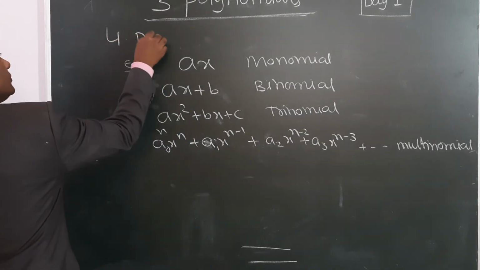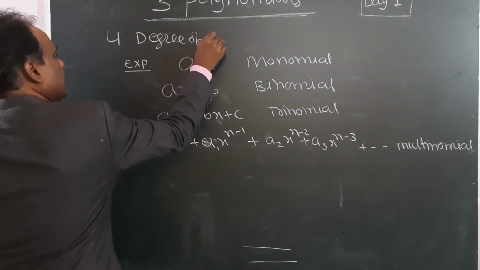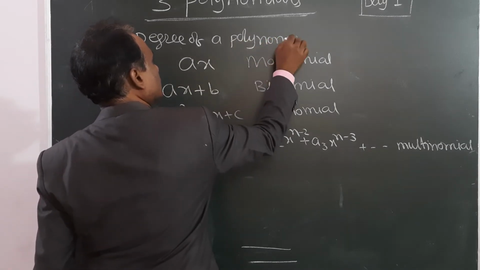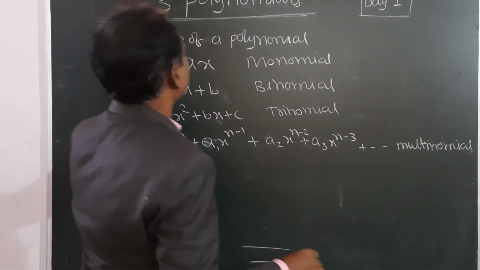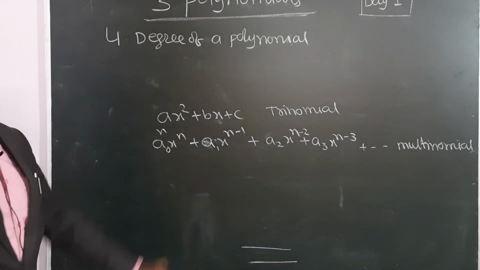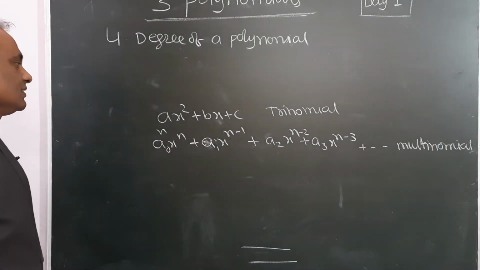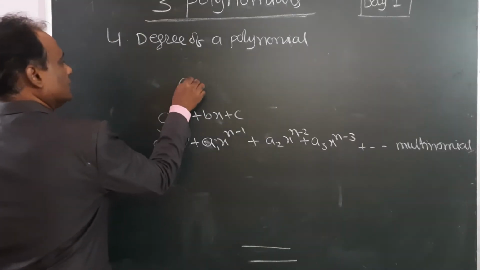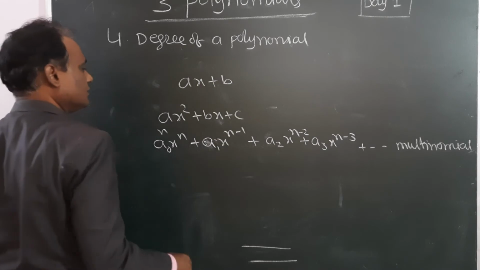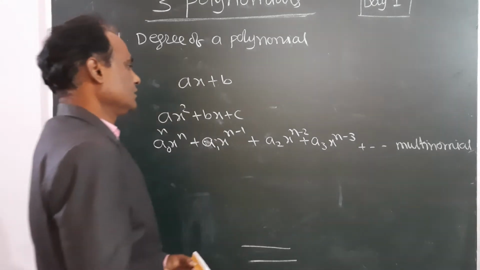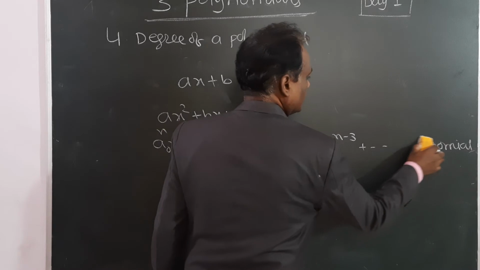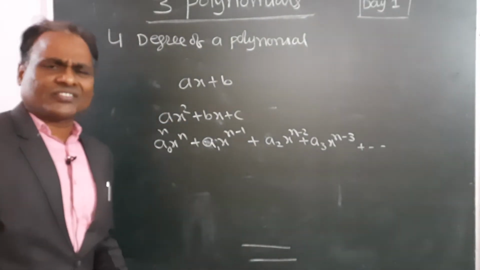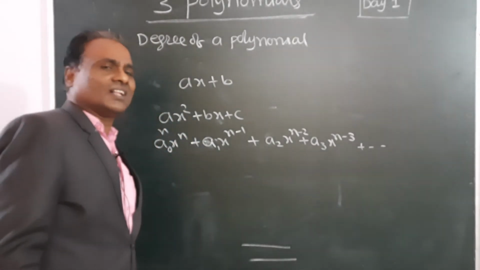Four. Degree of a polynomial. See here. This also you studied in the 9th class and 8th class.